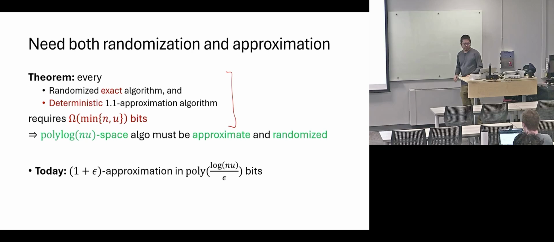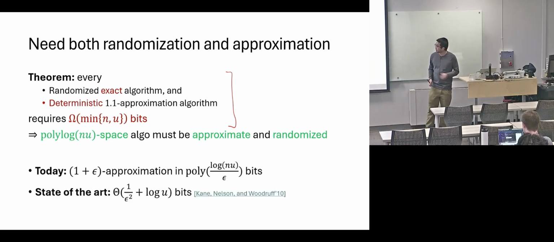So now we know that our algorithm needs to be approximate and randomized. Today we will show you how to get a good approximation, 1 plus epsilon for any epsilon, such that the space is poly of log of n and u, and poly of 1 over epsilon, and it's correct with good probability.